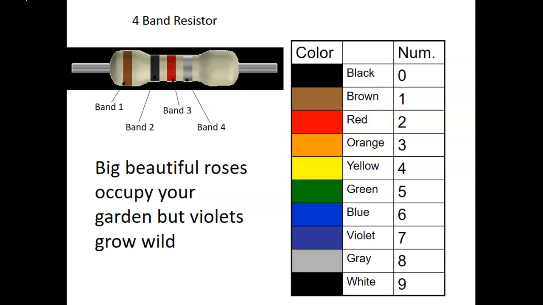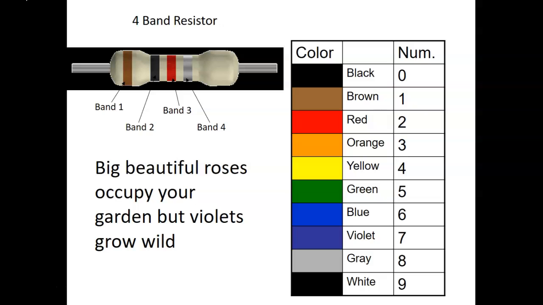In this case, it's red, so I have a band of 2. So I have 1, 0 times 10 to the 2, and band 4 we'll explain in a minute. So what this ends up being is a 1,000 ohm setup or a 1 kilo ohm. And I'll explain the last band in a minute.